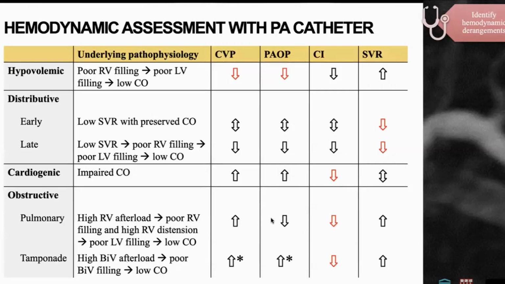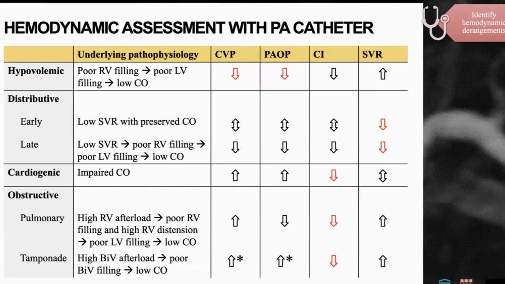Now, I want you to differentiate this, because this is how you tell the difference between a pulmonary cause like massive PE versus a tamponade cause like cardiac tamponade of obstructive shock. This is the main difference, right? Your wedge pressure in cases of cardiac tamponade is going to be elevated because you have a constriction.